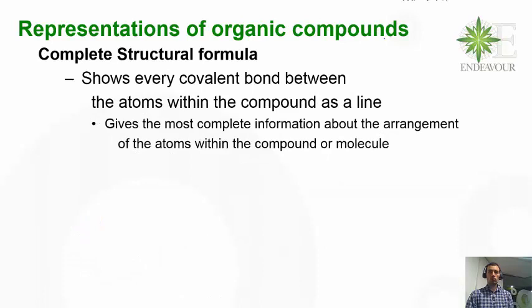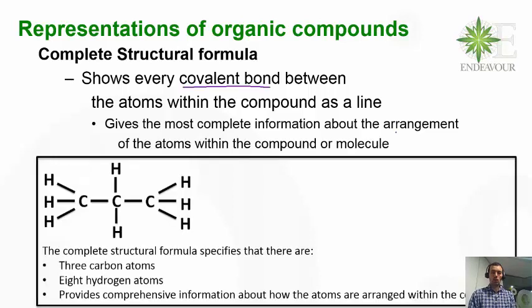The complete structural formula is the one we've seen so far in this session. This one actually shows every single covalent bond within the compound, and it's showing that as a line. So it gives you a lot of information about how the different atoms are arranged in the compound. Let's look at the same structure.